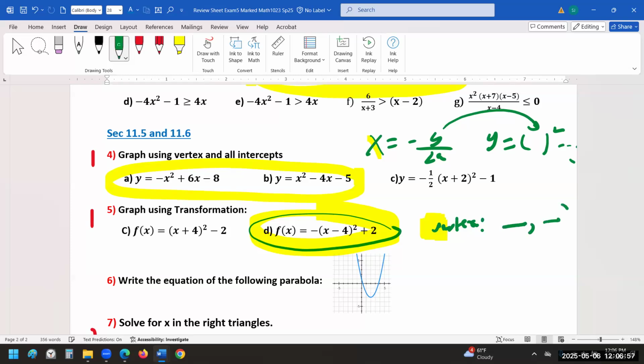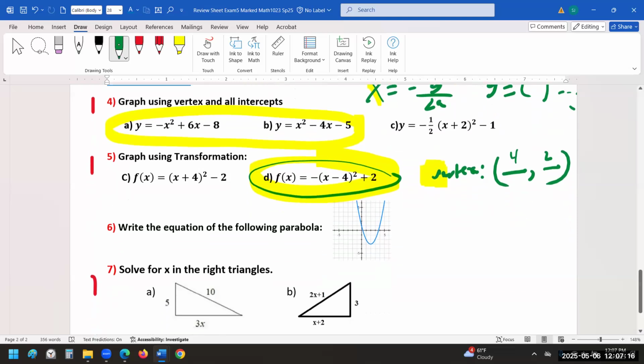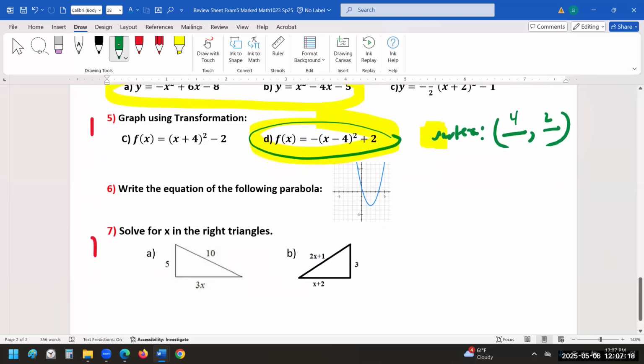So you have to find the x and y. So for this one, what is your vertex? 4 from the inside and 2 from the outside. So once you graph it, you just have to tell me its vertex is (4, 0). You don't need any math. You just observe. I really wanted to give 6, but I didn't have time.